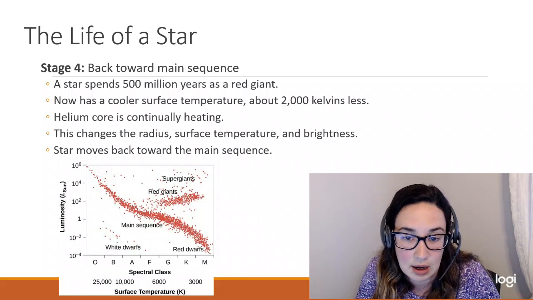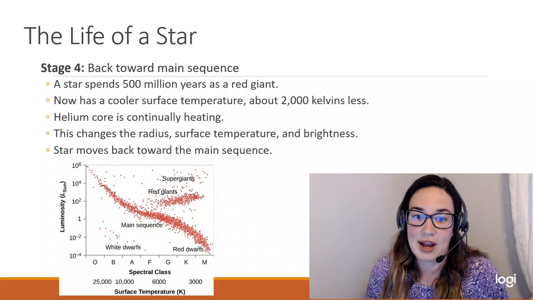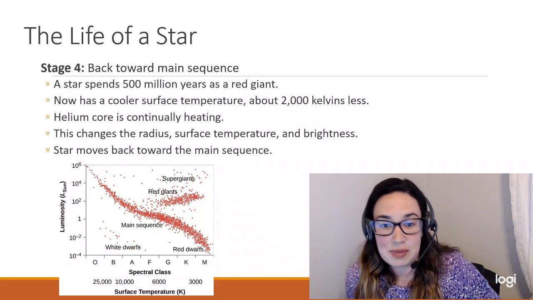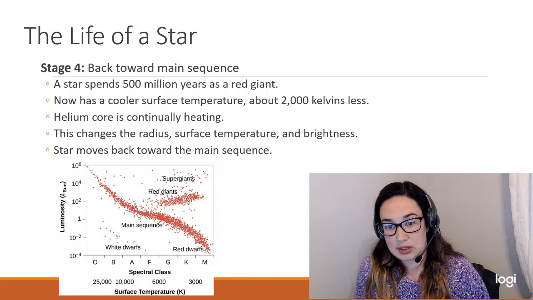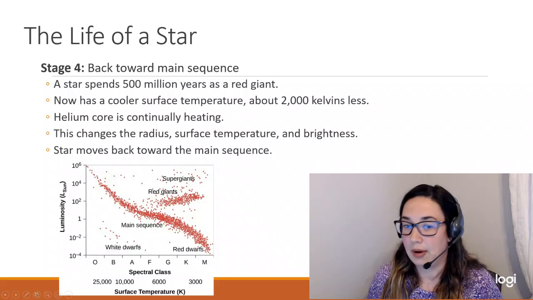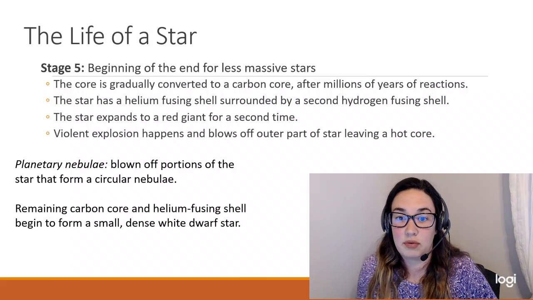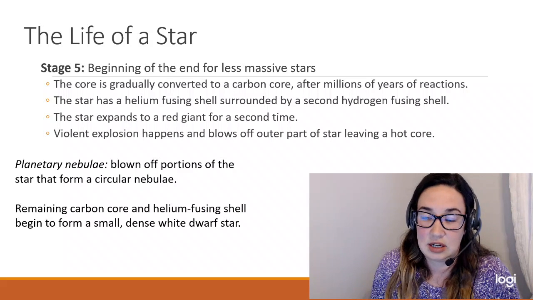Depending on what ends up happening with a star, it could either be just a regular giant or a supergiant. But eventually it will move from that main sequence to that red giant stage and then back to the main sequence stage. And so this is our stage 4. Now, depending on if the star itself was less massive or more massive will determine stage 5 or stage 6.